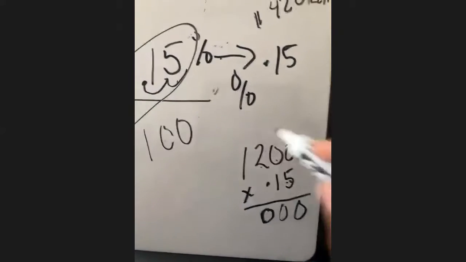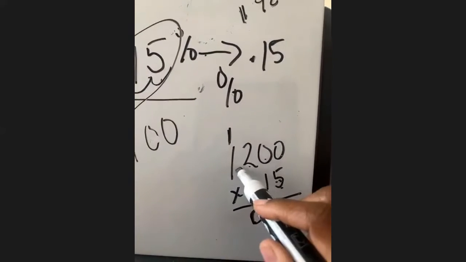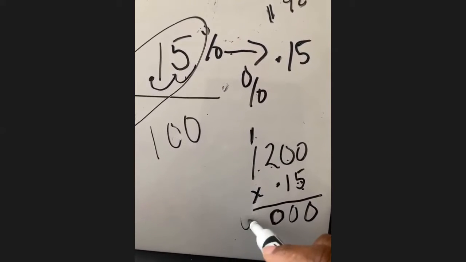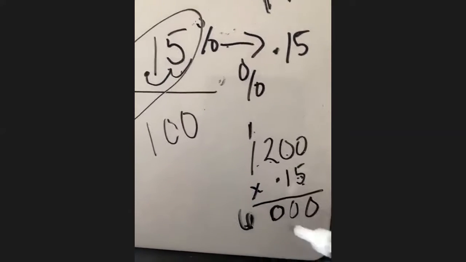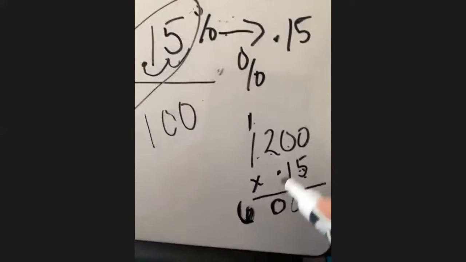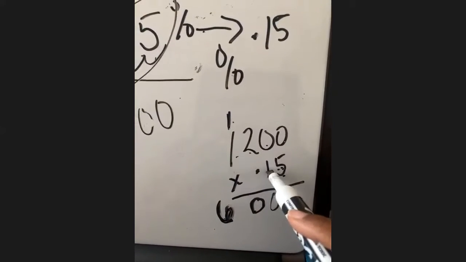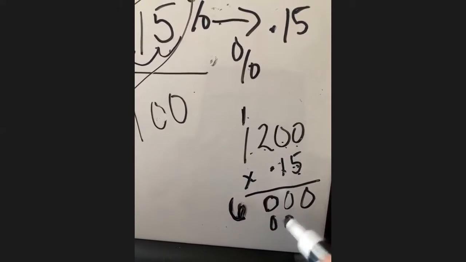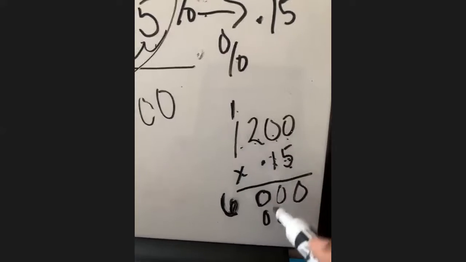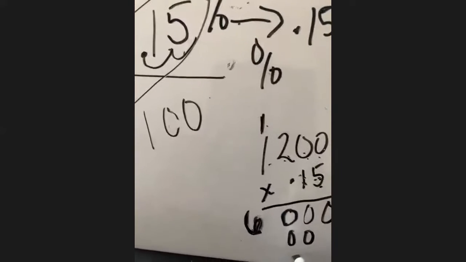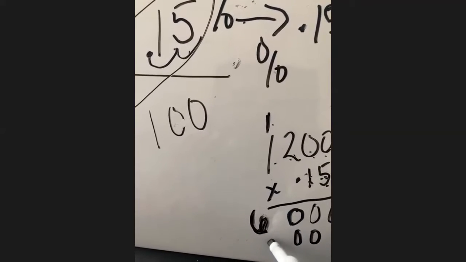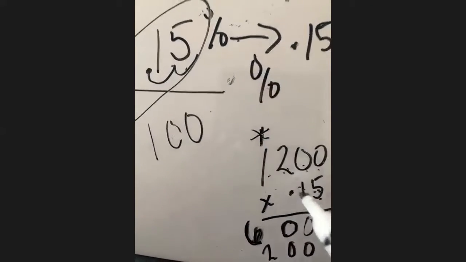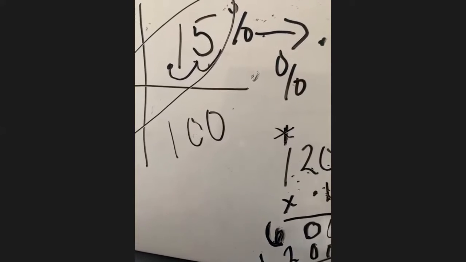Like the 0 and the 1. 5 times 1 is 5, plus 1 more is 6. Okay, 6. And then any number times 1 is the number itself. So 1 times 0 is 0. 1 times 0 is 0. 1 times 2 is 2. It's over here. And then 1 times 1 is 1, right?